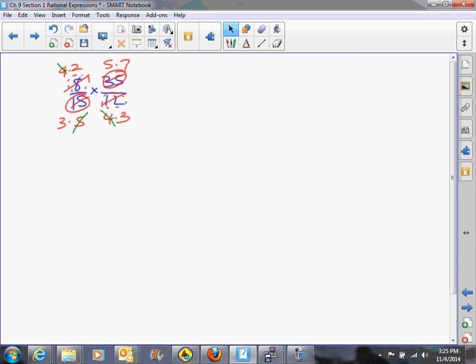The 5 cancels with the 5. Now, those are all the factors in the denominator and numerator that are alike. So then we multiply across. 2 times 7 is 14, and 3 times 3 is 9. So we get 14/9 for our answer on that one.